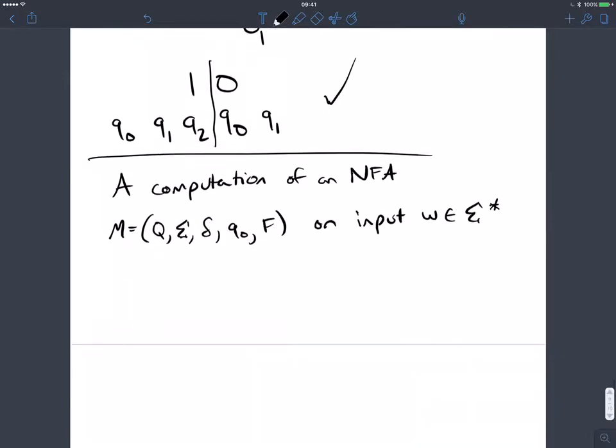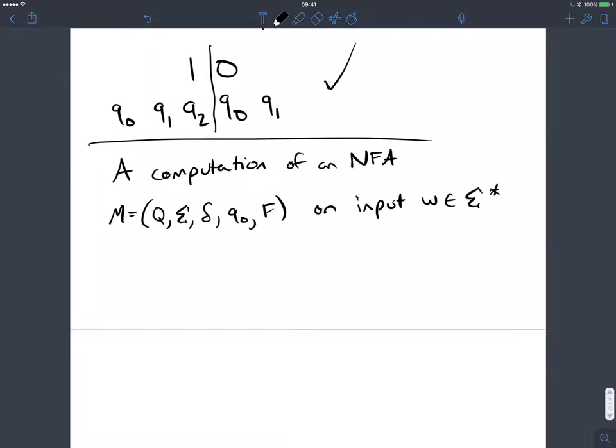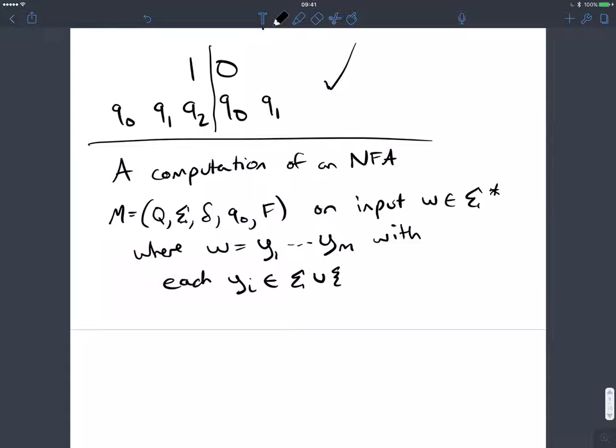Okay? So on input W, where W equals, instead of W1 through Wn, I'm going to have Y1 through Ym with each Yi not only in sigma, but it could also be epsilon as well.